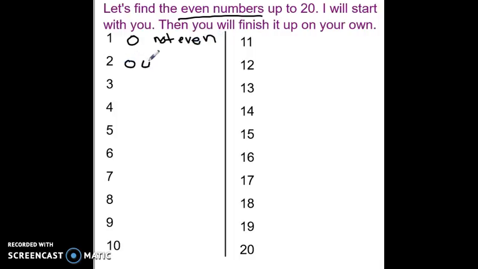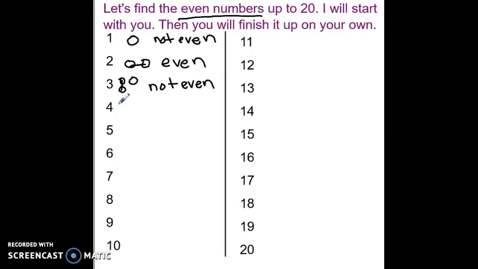If I draw 2 things, 2 does have a partner. We have 1 plus 1. So 2 is even. Now let's look at 3. If we have 3 things, 3 has 1 pair, but there is an odd man out. So 3 is not even.